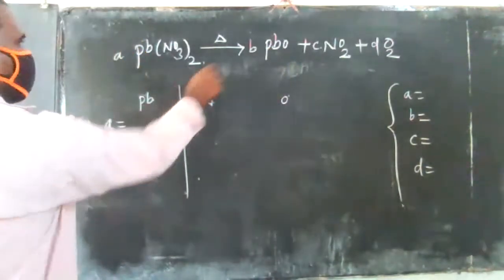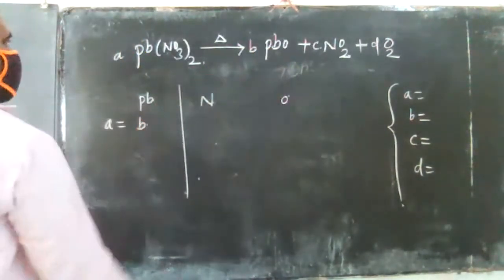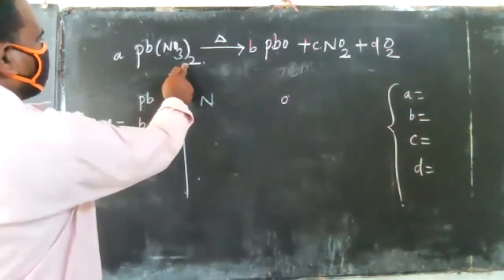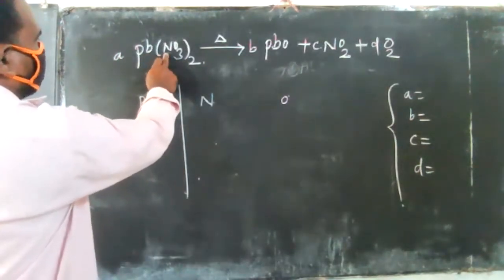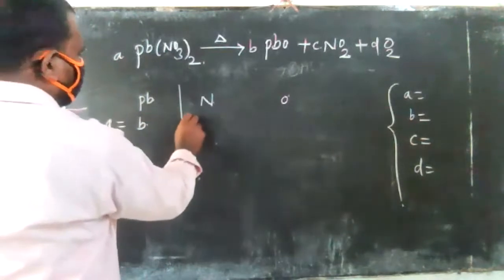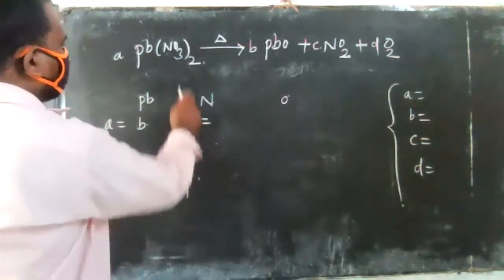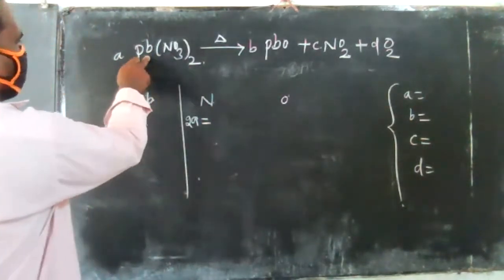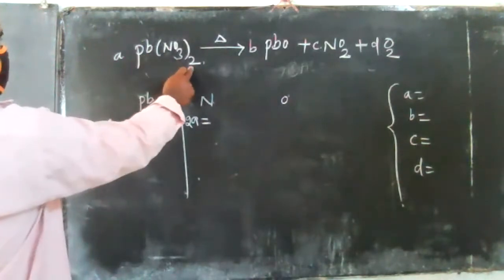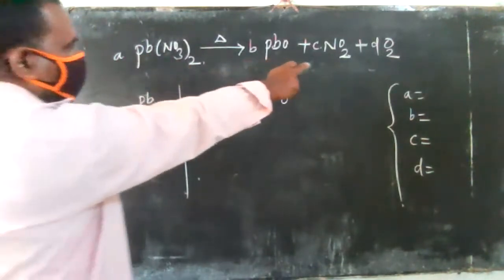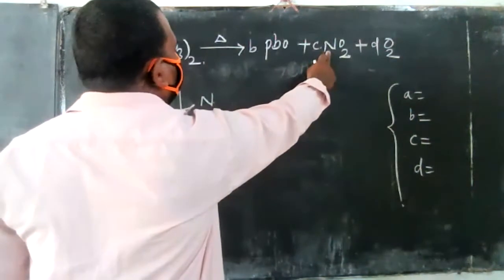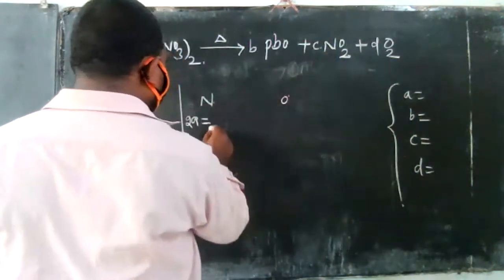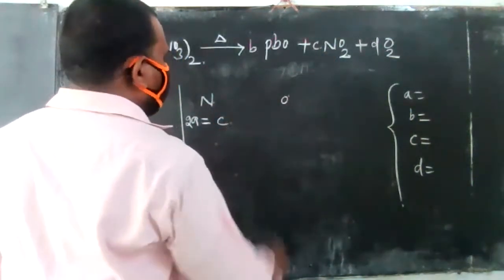So A is equal to B. Now coming to the nitrogen, this two belongs to the nitrogen, not to the lead. So that's why you write 2A. Outside, only one nitrogen there. 2A is equal to C.